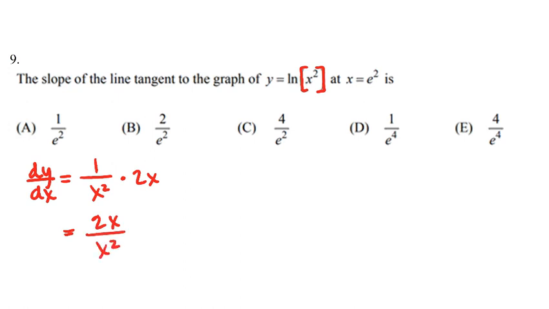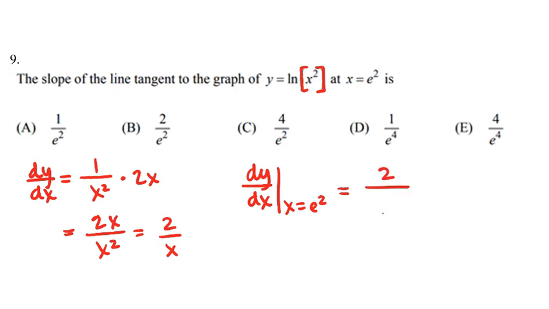You could also call that 2 over x. That's what I'll do. And so dy/dx at the point where x is e to the 2 is 2 over e to the 2, which I'm seeing as answer choice B.